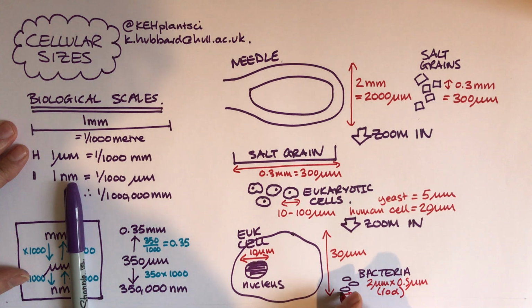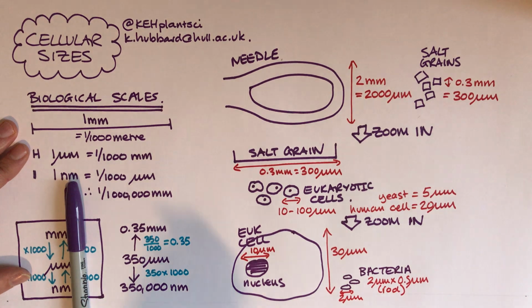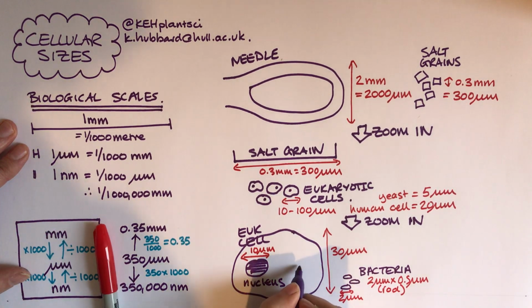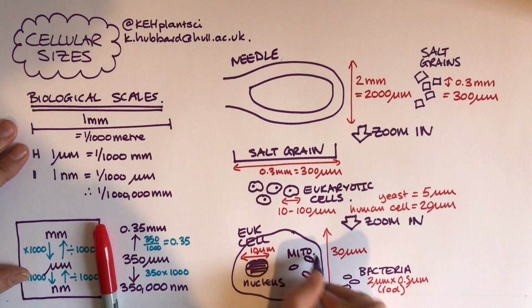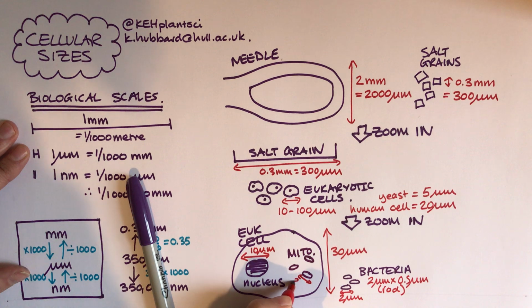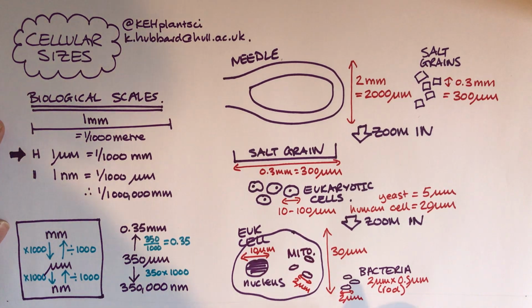So that will be 2 micrometres. That's quite useful because inside our eukaryotic cell we obviously have mitochondria. They are also about 2 micrometres across, because we know that bacteria and mitochondria share a common ancestor, and you can see more about that in the cellular evolution video.